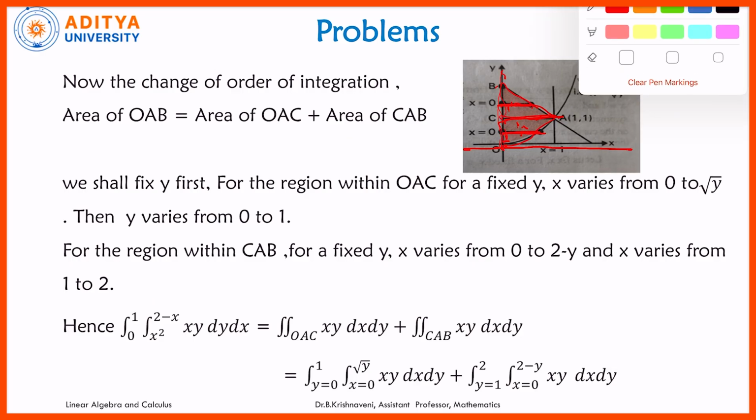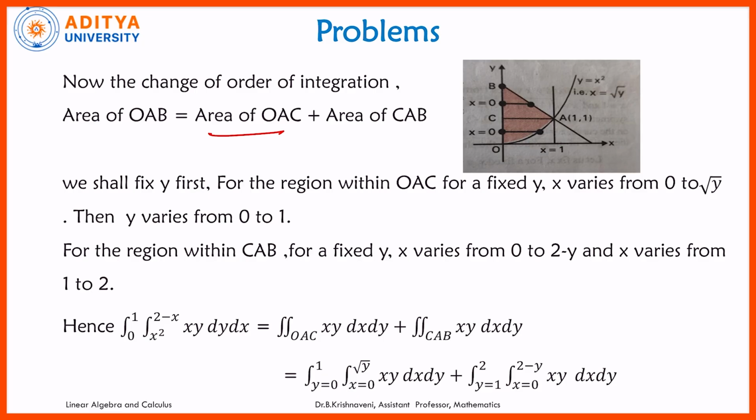Let us evaluate the double integration in each case, and finally the total will be the sum of those two integrations. First, for the region OAC, for the horizontal strip we have to fix y. Now x varies from 0 to the curve, that is root y, and y is from 0 to 1.